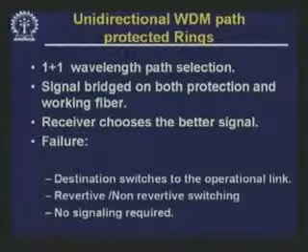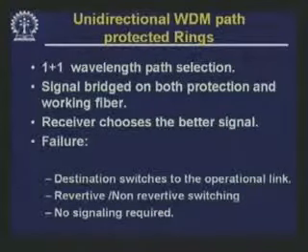And of course, on the optical layer you have one more dimension to play with, which in the case of WDM means you have different wavelengths. So instead of 1+1 link, you can talk about 1+1 wavelength path selection. You can select two independent light paths, and the signal is sent on both protection and working fiber.